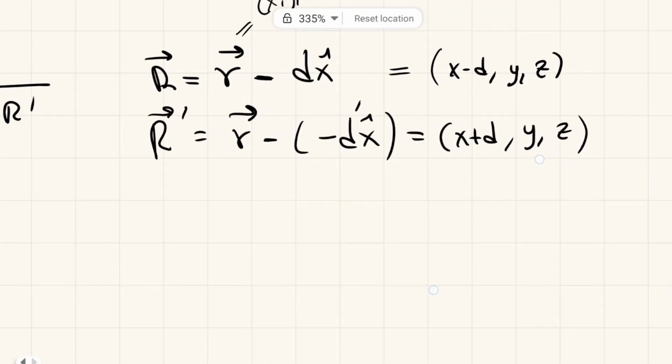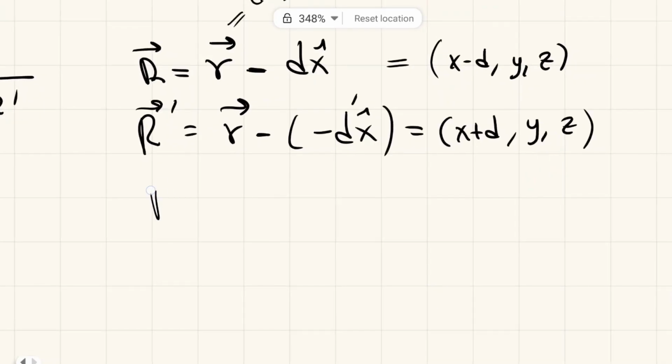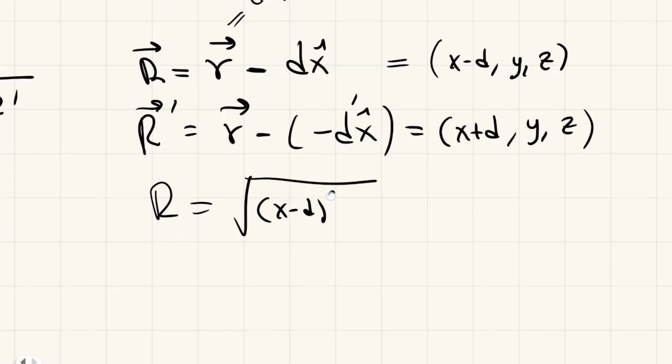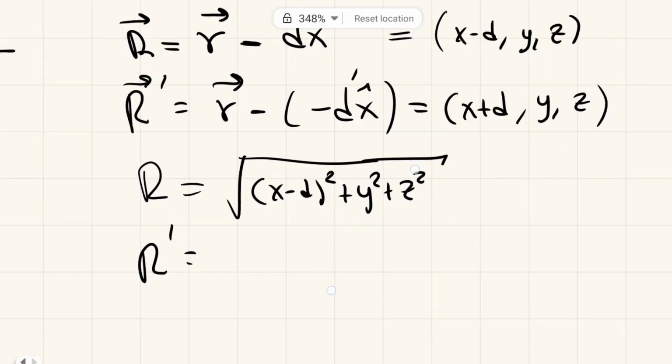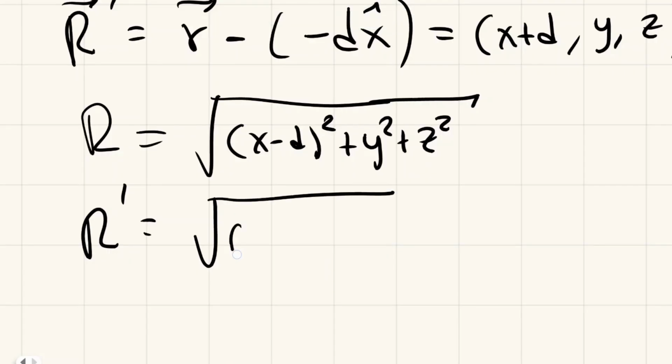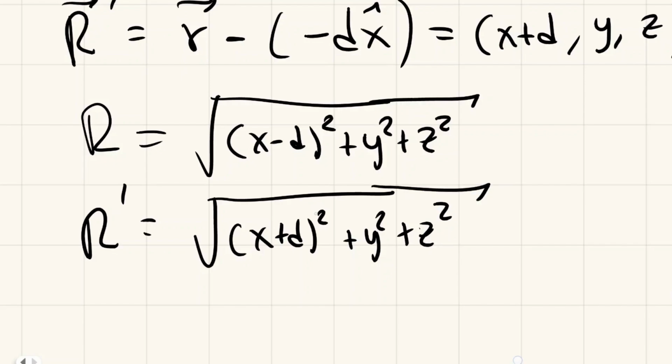But we are interested in the magnitude of these vectors, so that is easy to calculate. R is the square root of (x minus d) squared plus y squared plus z squared, and then R prime is the square root of (x plus d prime) squared plus y squared plus z squared.